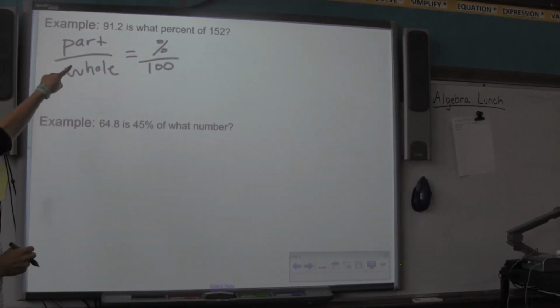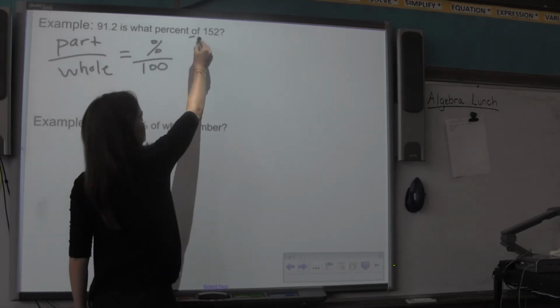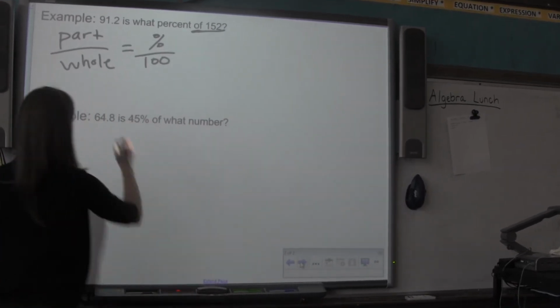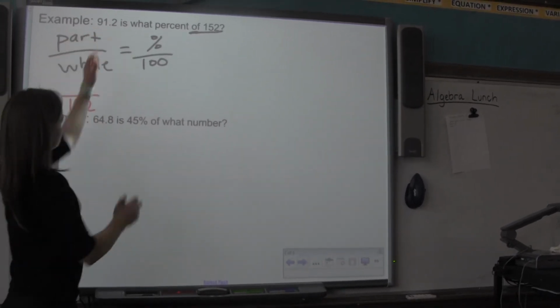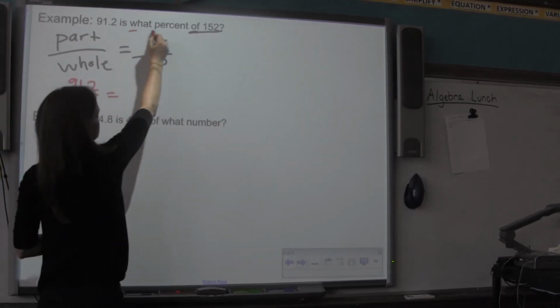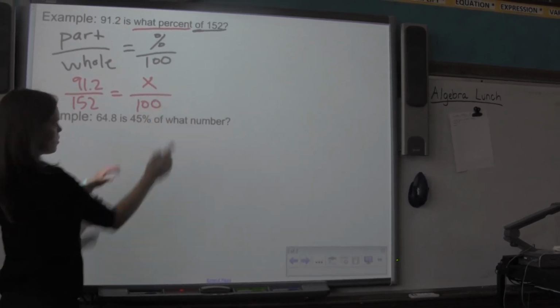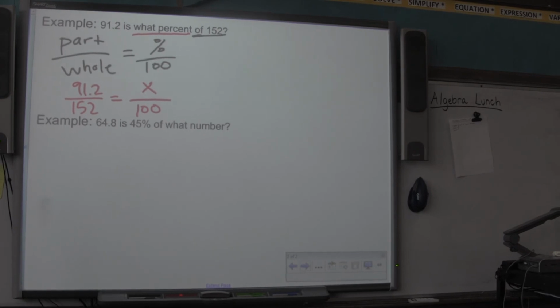So 91.2 is what percent of 152? That "of" tells me that this number is going to be my whole over here. So this is 152. Here's my part, 91.2. The question asks me what percent, so that's going to be an x. And then for percents, the whole is always 100. So I would solve this using cross products, which you know how to do.